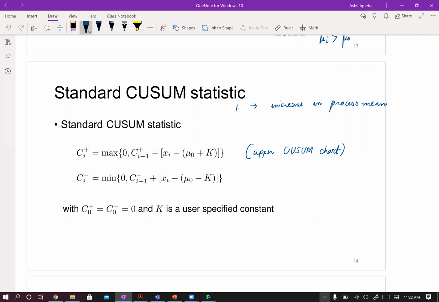And similarly, if there is a decrease in the process mean, that's when we use Ci minus. Let's write this as C plus and C minus. So C minus is when there is a decrease in process mean, and this is called a lower CUSUM chart.